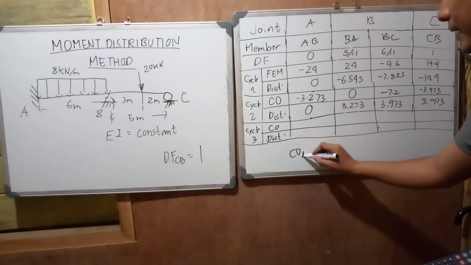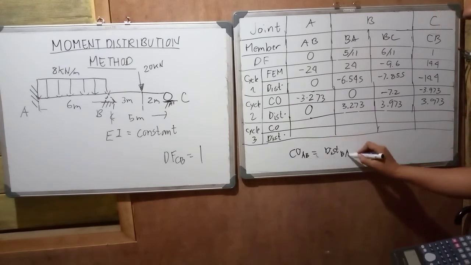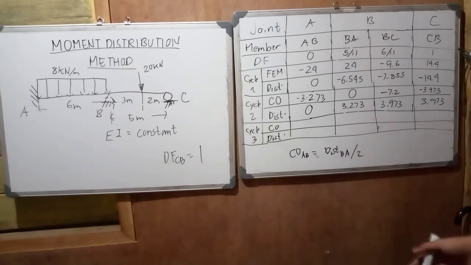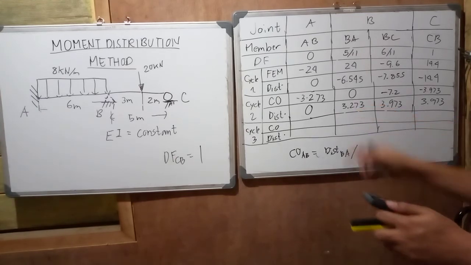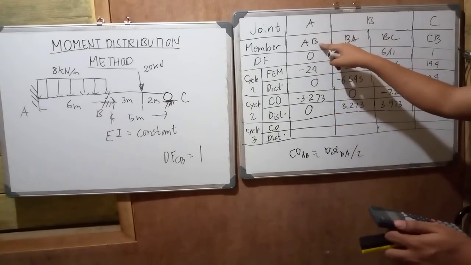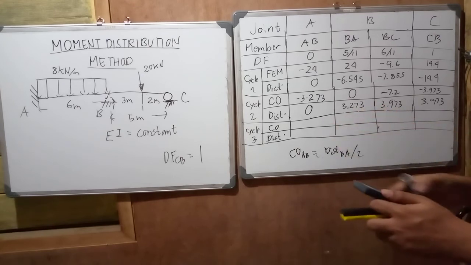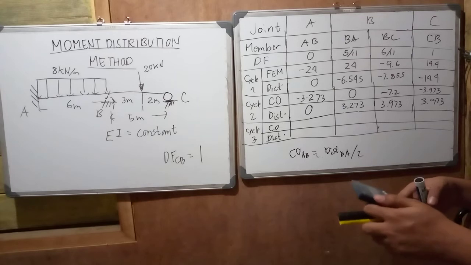So, CO, AB is equivalent to distribution at BA over 2. So, bali-baliktad lang. So, 3.273 para makompute yung carryover moment at AB is equivalent to distribution BA over 2. So, 3.273 divided 2. Okay.